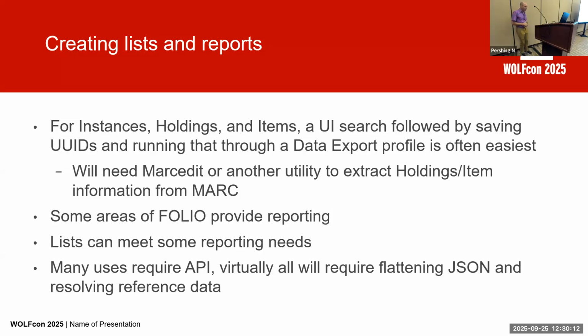One thing I would say in general is I noticed that when people are reporting, they always try to flatten things into tables. I would recommend against that in general, because the whole point of Folio is it's all in JSON.